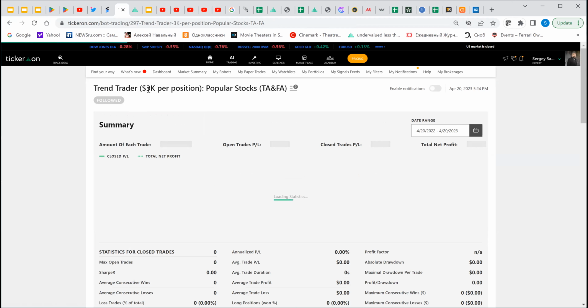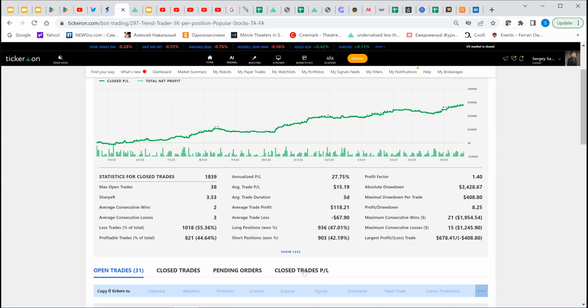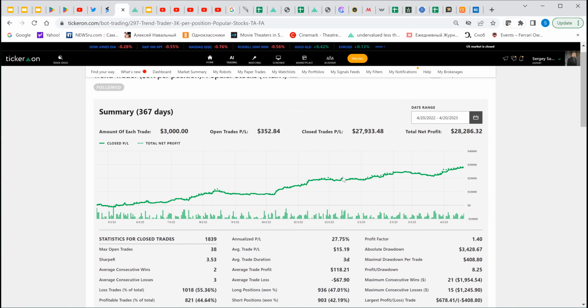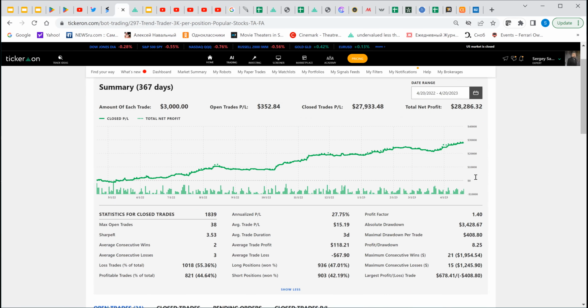Popular stocks, you see $3,000 per position. And now the statistics are being calculated. You see for the last year, 27%. And maximum open, annualized return. Average consecutive wins. What I typically look for is 1.4. I would look for something better.